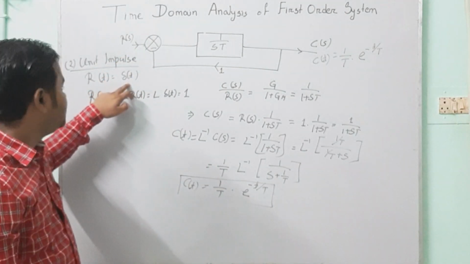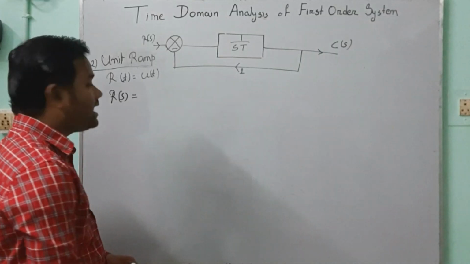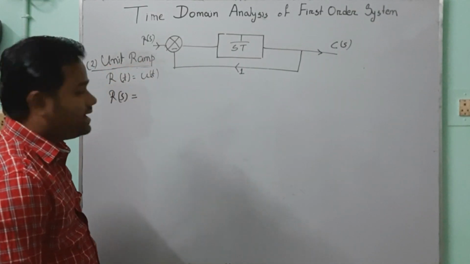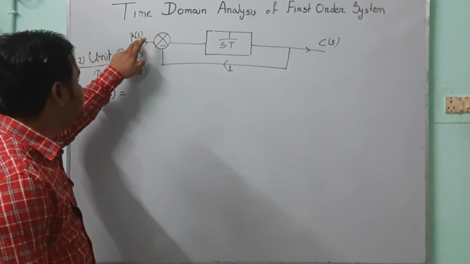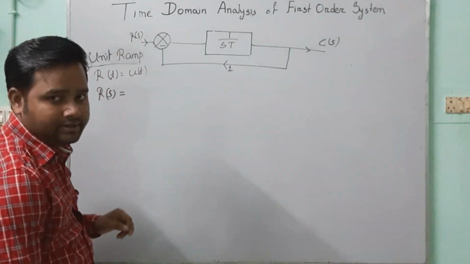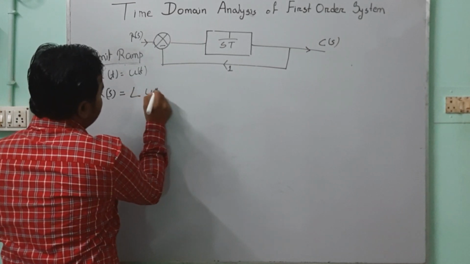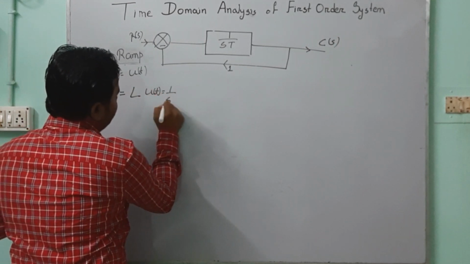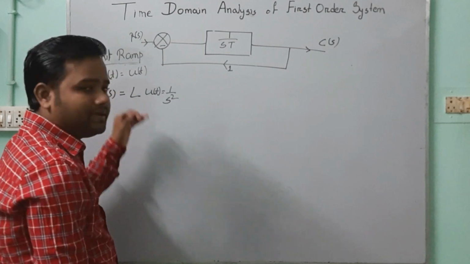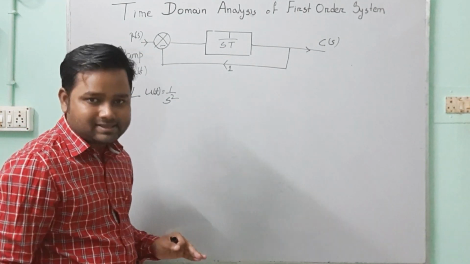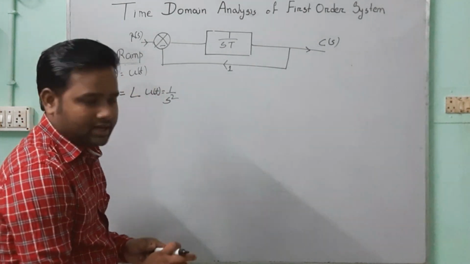Next we will go for when the input is a ramp input. Now the input is a unit ramp input, so R of T here is U of T. By taking the Laplace transform, we get the Laplace of U of T is equal to 1 by S square. In the previous class, the Laplace was 1 by S. Here, the Laplace is 1 by S square.